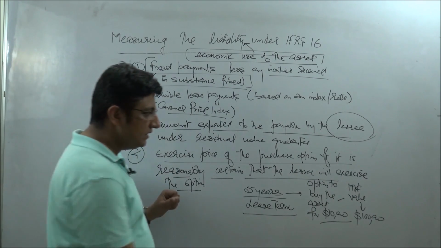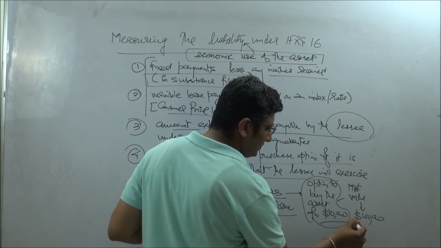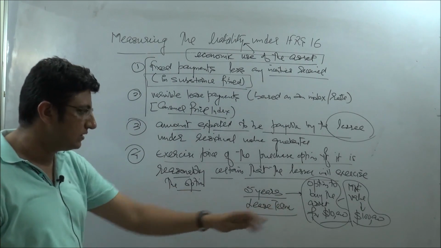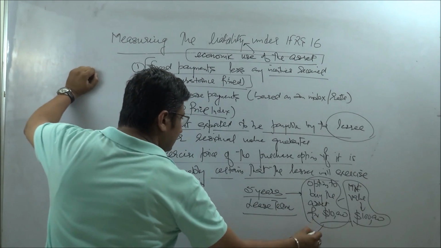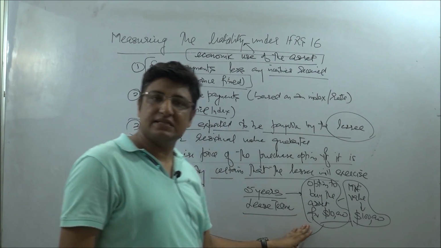The lessee may buy this for $10,000, but the market value is likely to be $100,000, which means that this option will certainly be exercised.